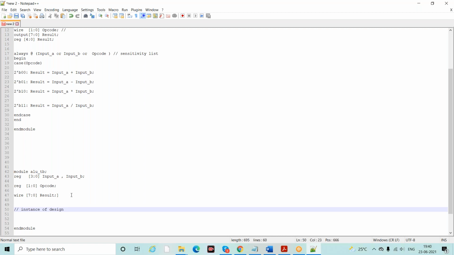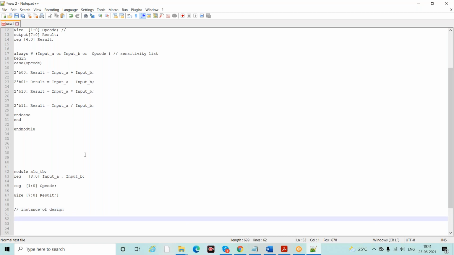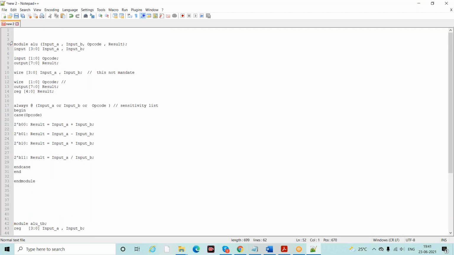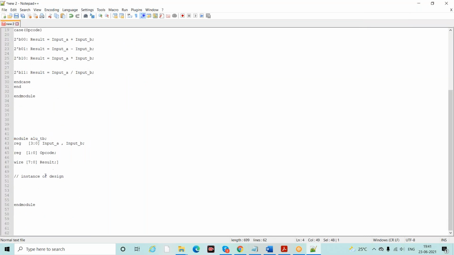One is name instance, another one is position instance. In upcoming sessions we will discuss in depth. I am going to declare it here as position instance. I copied that, I pasted it, that's it.